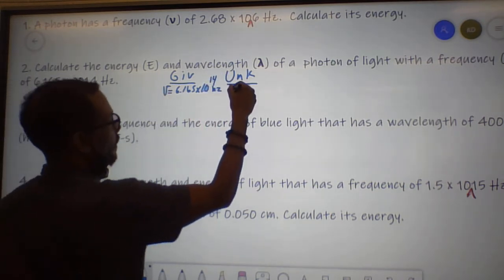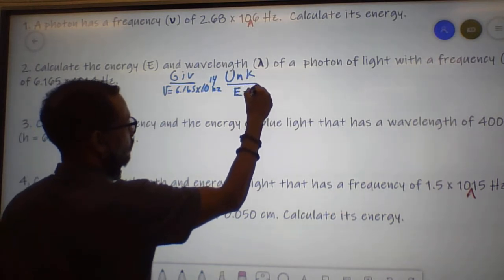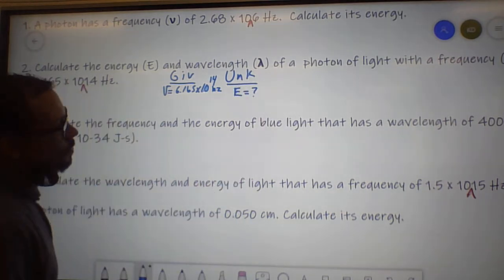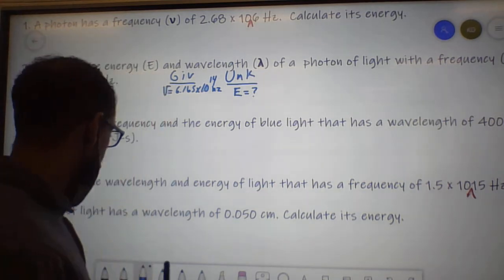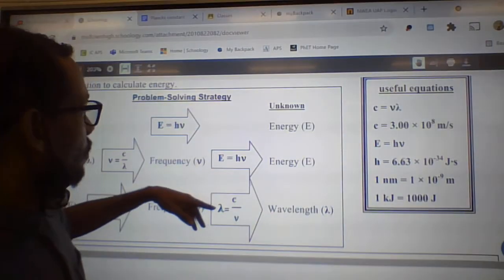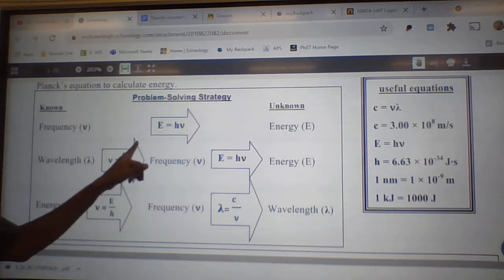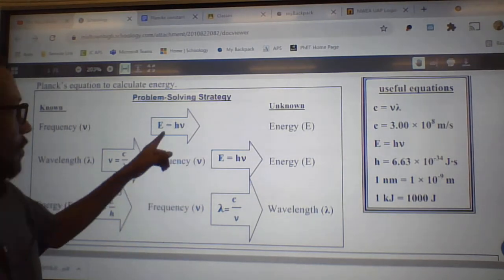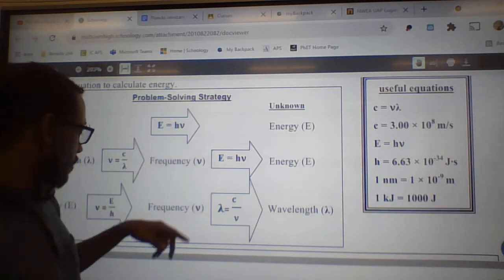And they want us to find energy. We know we have an equation for energy. If we go back to the classwork, this will be in Schoology as well, we have some equations here. We'll be using energy is equal to Planck's constant times frequency.